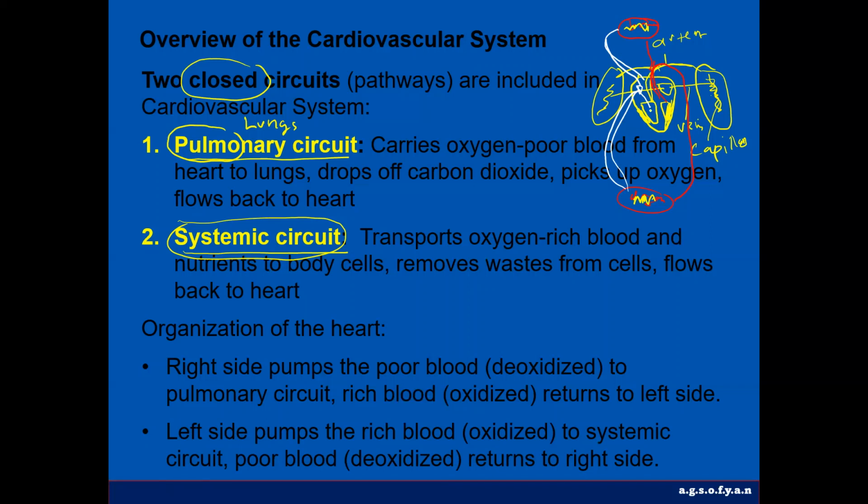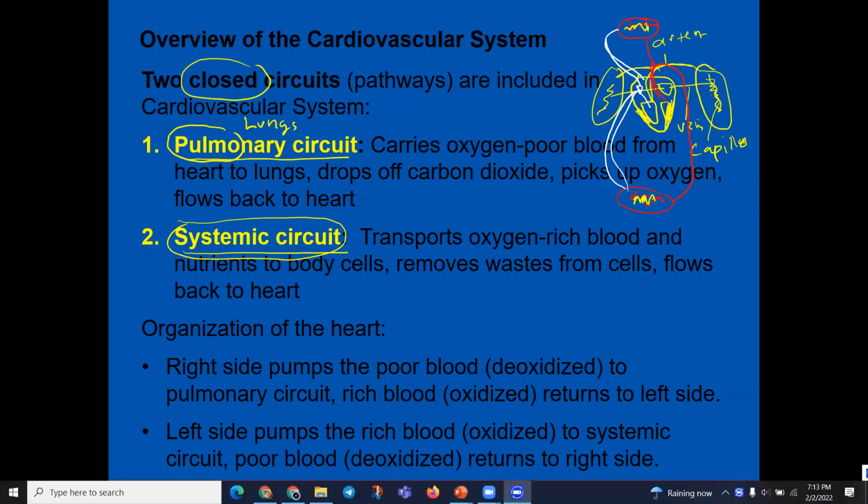The right side will pump the blood to the lungs, which is close to the heart. Therefore, the muscle is thinner. This side is actually working easier compared to the left side of the heart.